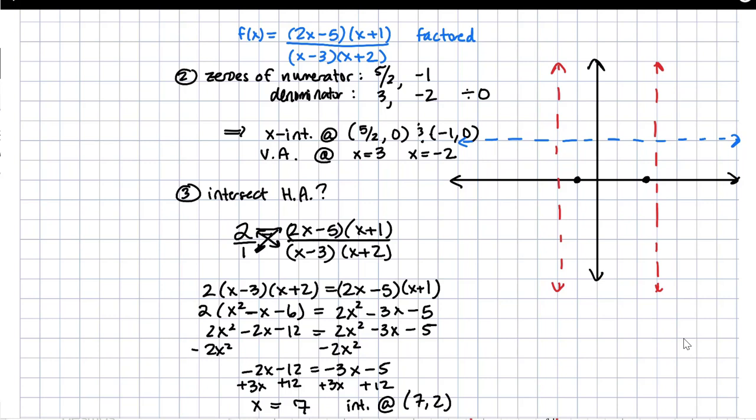Okay, and then the only other thing we had was a hole at 1, 2, 3, 4, 5, 6, 7. So I expect there's going to be an intersection there.